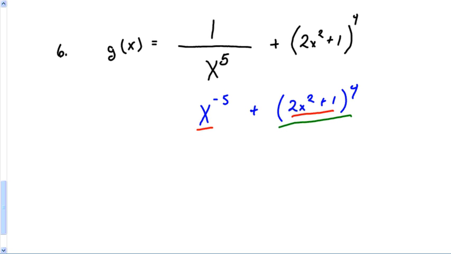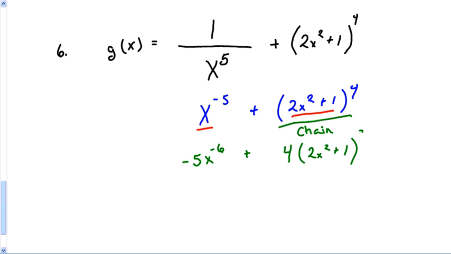Because this guy over here, we've got to do a chain rule on. So this one's going to be our chain rule over here. But this guy on the left, he's going to be easy. He's going to be negative 5x. Now this is going to be negative 5 minus 1 is negative 6. Then over here, plus the derivative of this entire thing is 4 times 2x squared plus 1.